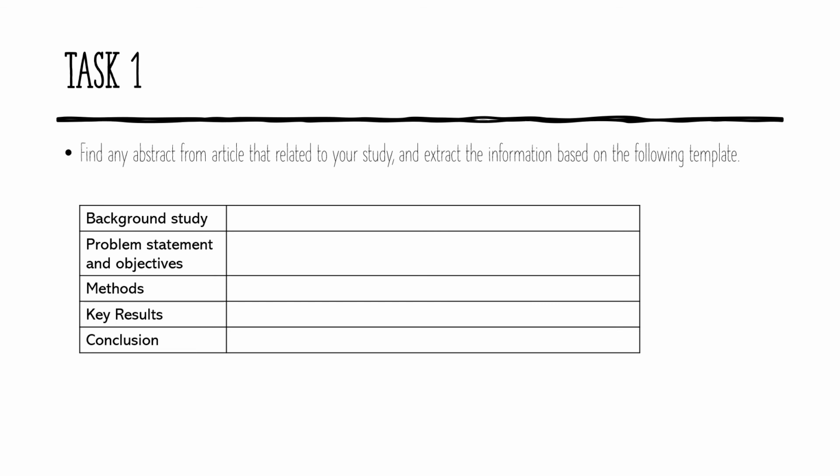Try to find a few articles and read through their abstracts, just to get an idea how to write an abstract and how to connect sentences and ideas: from introduction to problem statement, from problem statement to research method, from method to finding and result. Just to get an idea how they connect the sentences and how they start the sentences in writing abstracts.